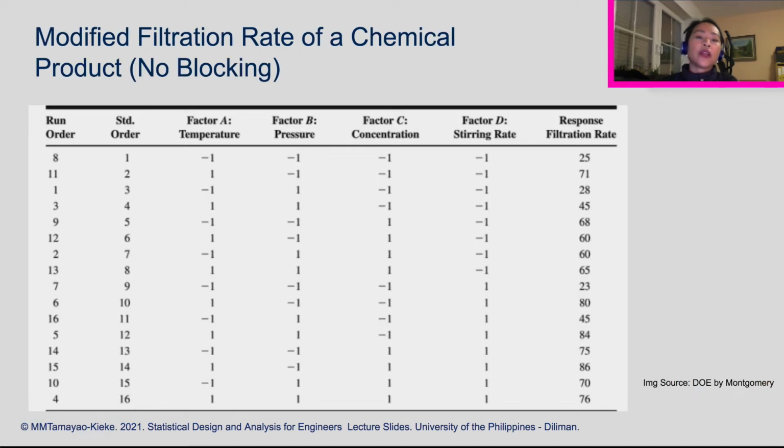So to further illustrate the importance of blocking, let's compare the results from the design where we had the blocking and one where no blocking is performed. So say for example that we just ran the experiment as shown here.